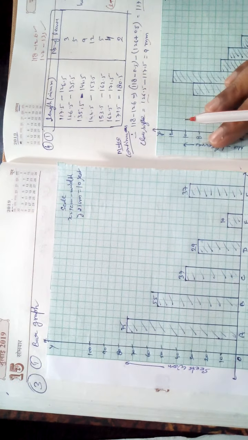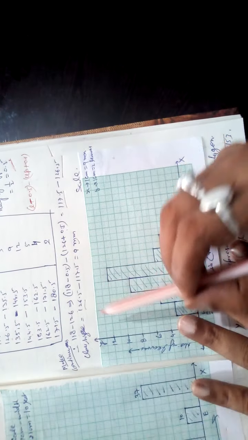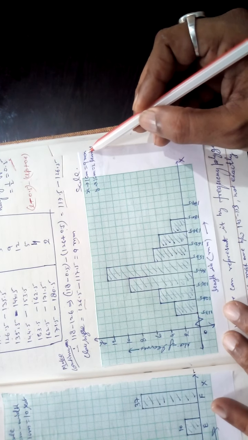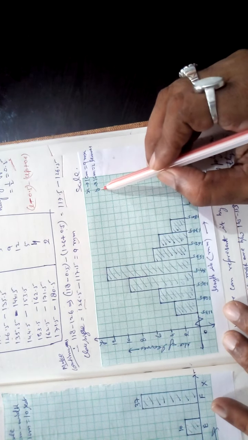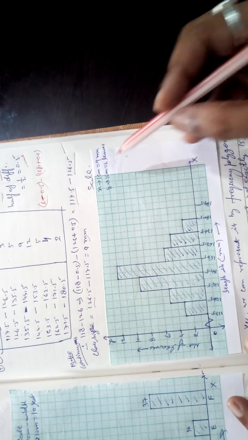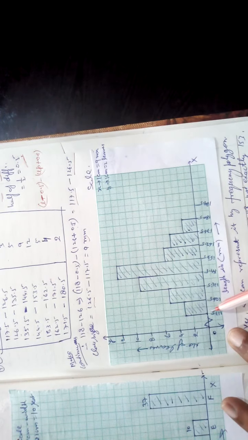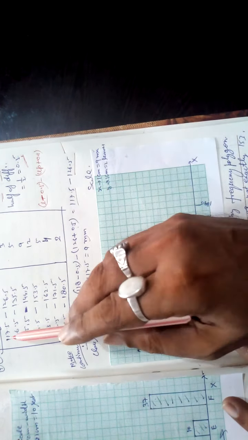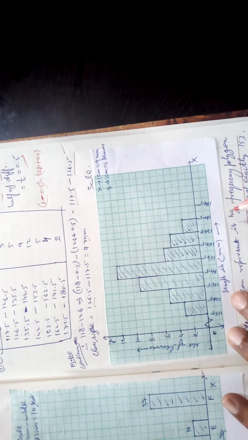Class size is 9. According to this we will take the scale. On the x-axis you take 1 centimeter equal to 9. On the y-axis, because it starts from 117.5, here will be a kink sign. 9 is the gap, so 1 centimeter is 9. Start from 117.5 and end at 180.5, 180 maximum.